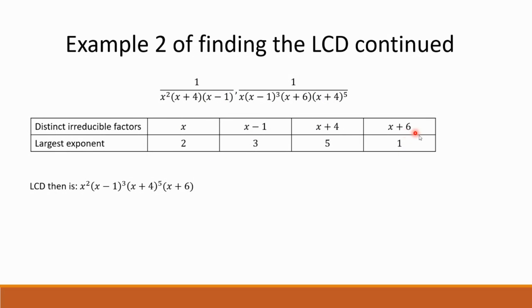So our LCD is x squared times x minus 1 cubed, times x plus 4 to the 5th, times x plus 6. That's what we get. All right, are there any questions about that?